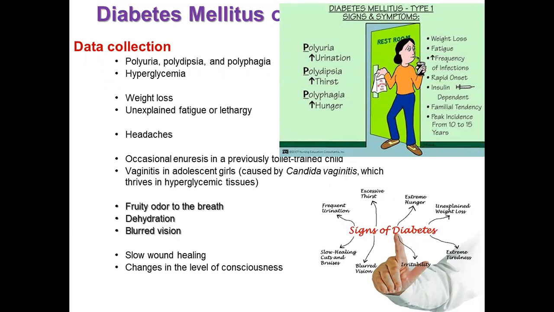So the major signs and symptoms of the patient are what we call the three P's. P for polyuria, P for polydipsia, and P for polyphagia. If you touch the skin, we can find warm and dry skin, and dehydration.